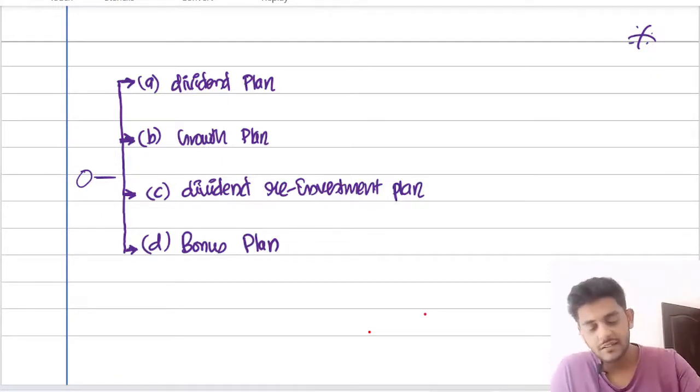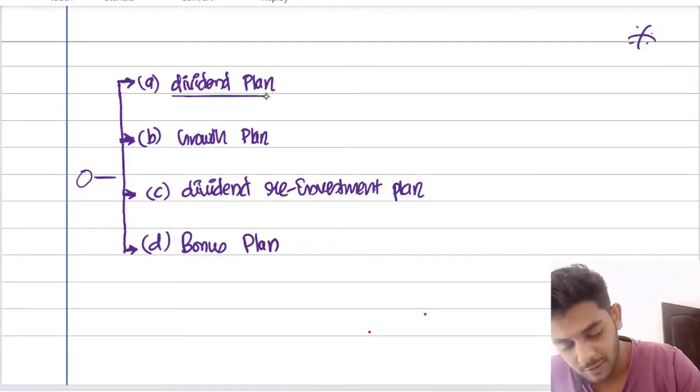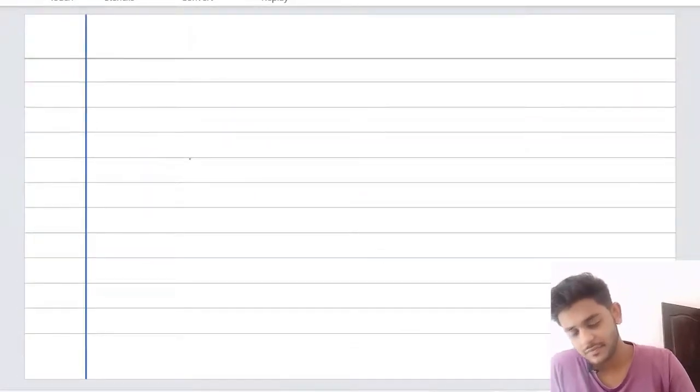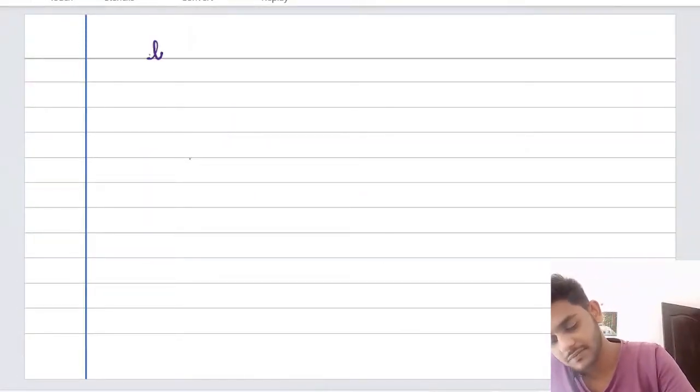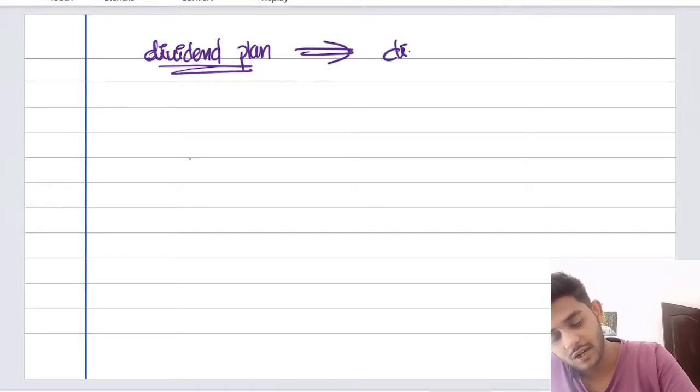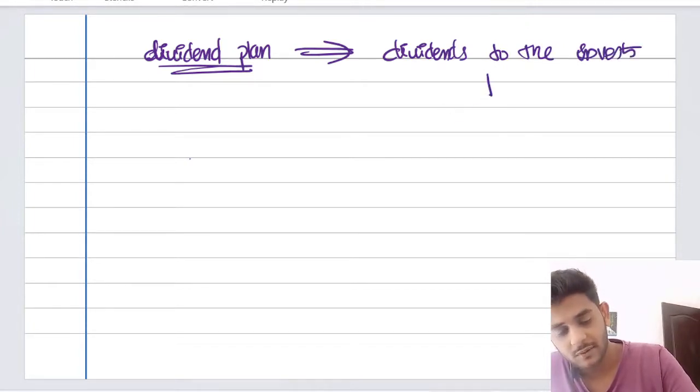So the first plan is the dividend plan. Very simple. This plan will give dividends to the investor, like I said before, normal dividends as well as capital gain dividends.